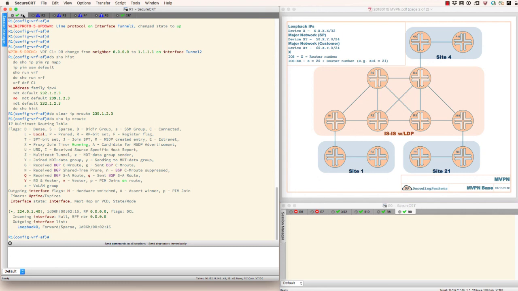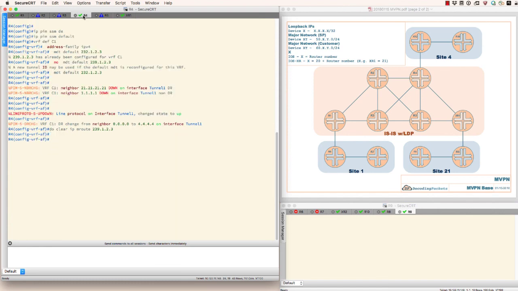So on R1, which should really be treating that group as an SSM group, it really hasn't done anything yet. And the main reason for that is the lack of the BGP MDT family. So it knows it cannot really do anything without providing that information to its neighbors, without receiving that information from its neighbors. And for confirmation's sake, let's also confirm it on the other PE, which is R4.